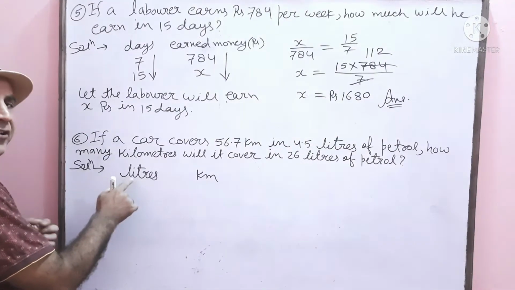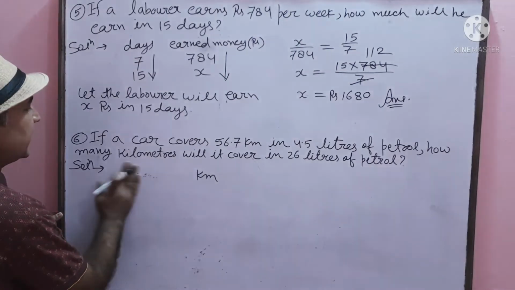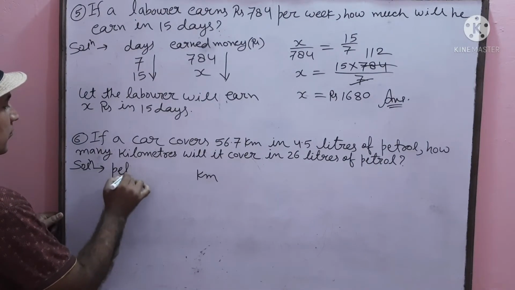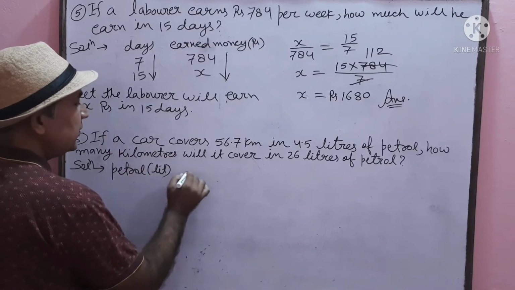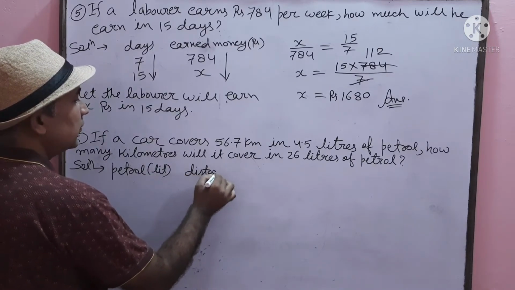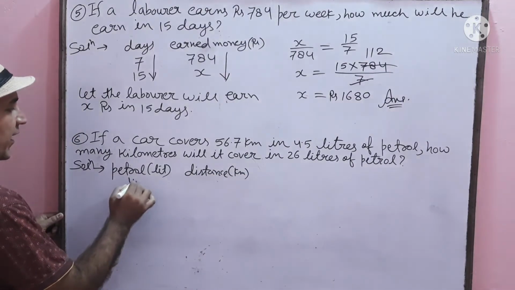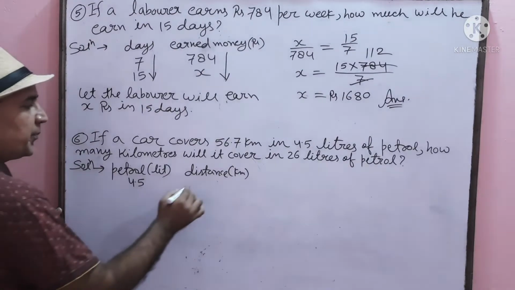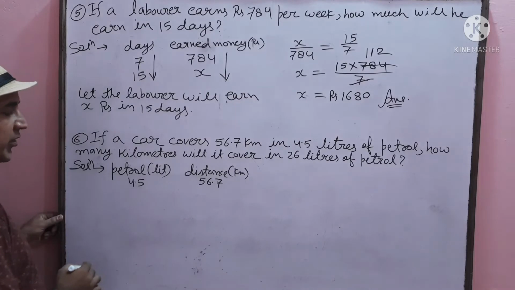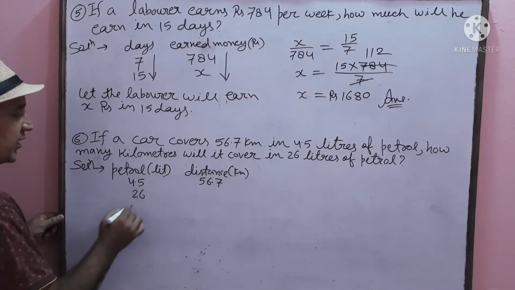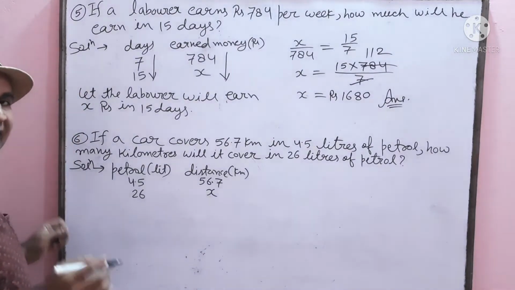If you wish, you can write petrol and distance here. Petrol in liters and distance in kilometers. When there is 4.5 liters of petrol, the distance covered is 56.7 kilometers. If we take 26 liters of petrol, suppose the distance covered is X.